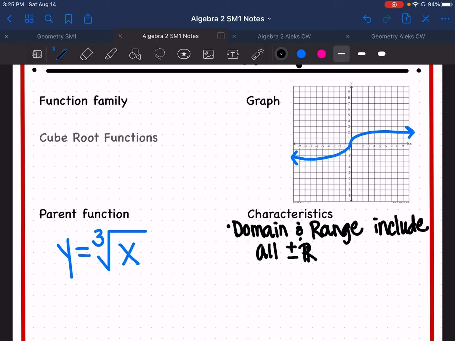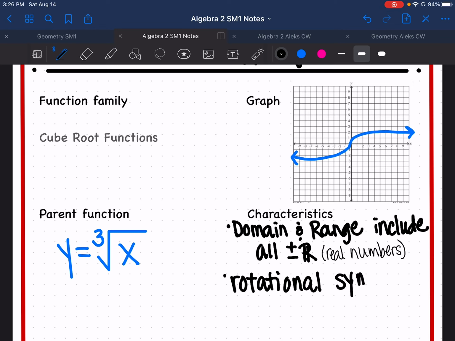That's my symbol for real numbers, all positive and negative real numbers. It once again has rotational, not rational, rotational symmetry at the origin, which is again the ordered pair 0, 0.